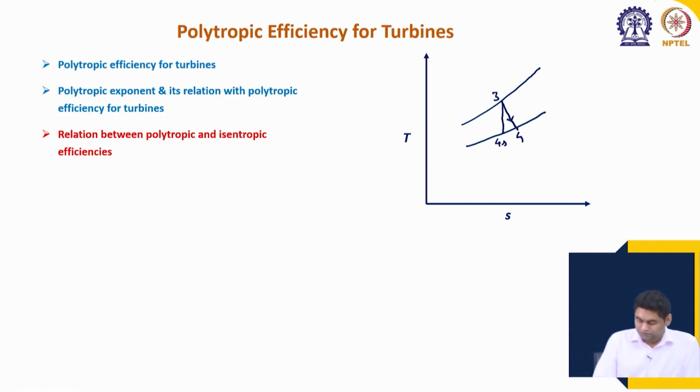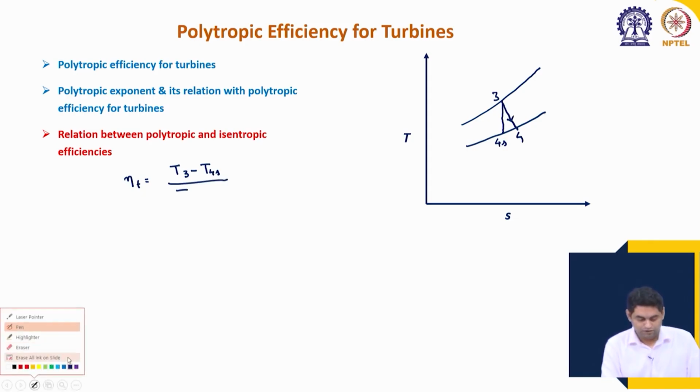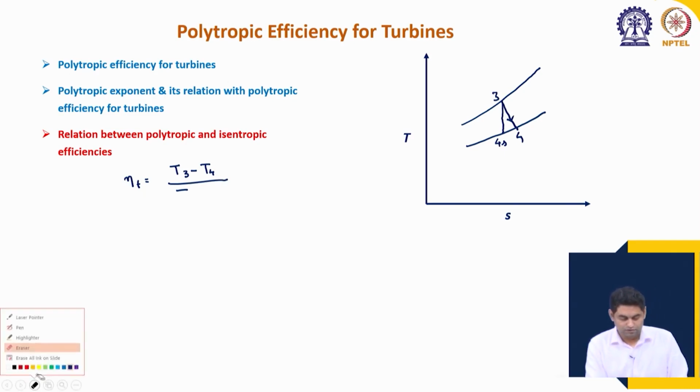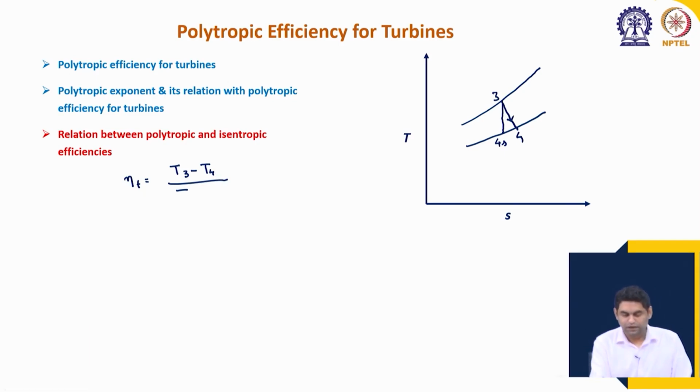We know that isentropic efficiency is defined as T3 minus T4, not T4S, so actual work output by ideal work output, T3 minus T4S.